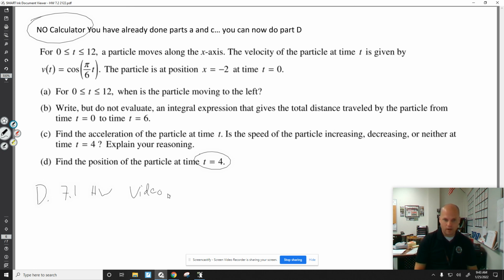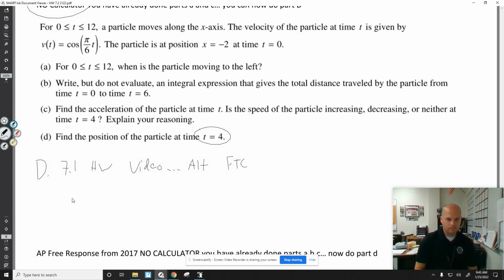I'm going to show you the alternate way, which is using the fundamental theorem of calculus, which says my position at time 4 will equal my position at time 0 plus my displacement between those two times, my accumulation of my velocity being my displacement.